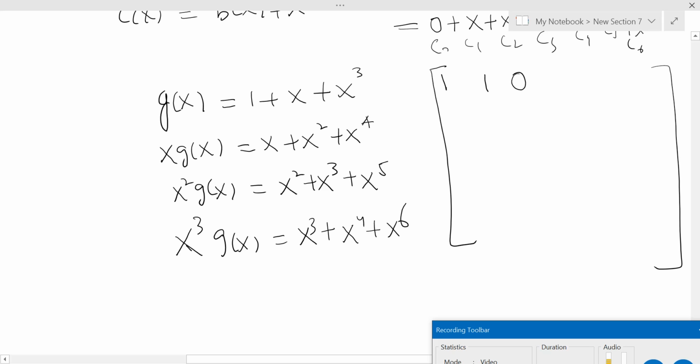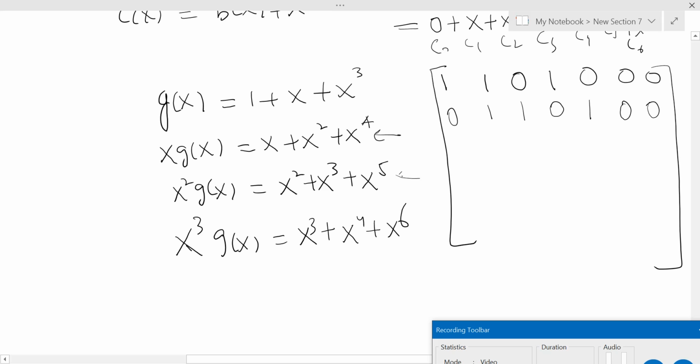Okay, x cube is there, so 1. X to the power 4 is missing, 0. X to the power 5 is missing, 0. X to the power 6 is missing, 0, right? Second, here the constant term is missing, so 0. First degree term is there, 1. Second degree term is there. Cube term is missing. 4th degree term is there. Then 5th degree missing, 6th degree missing.